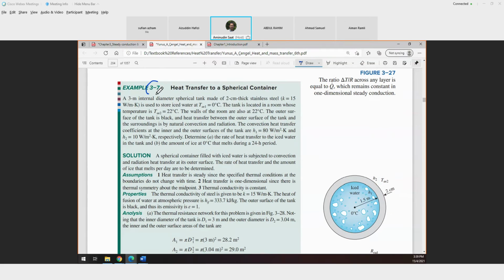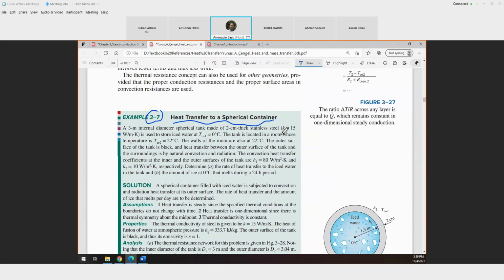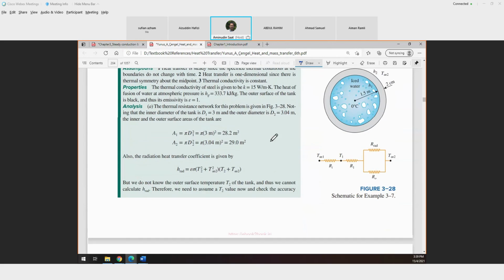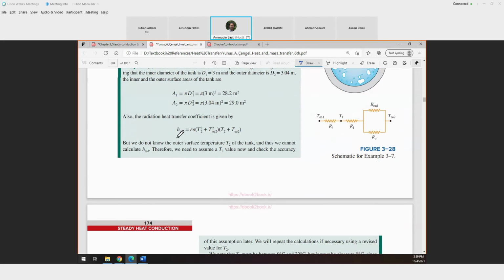If you go to example 3.7, this is a heat transfer thermal resistance using a spherical container. So you can see how the calculation is done here. There is a calculation of h radiation.